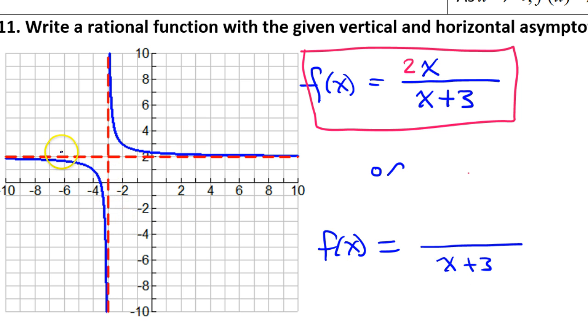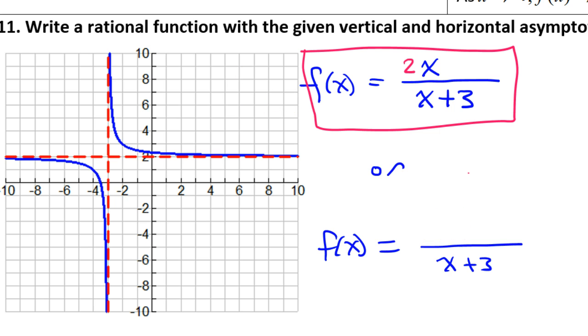But another way I could get a horizontal asymptote at 2 is by making the top degree less than 1. So in other words, I need the top degree to be 0. That means this would be a constant. So I could put any number up here. I could put a 1 up here, or I could put a 5 or a 13, anything.